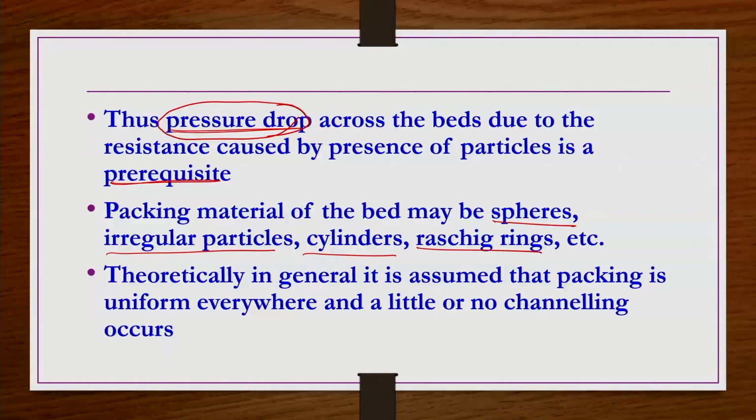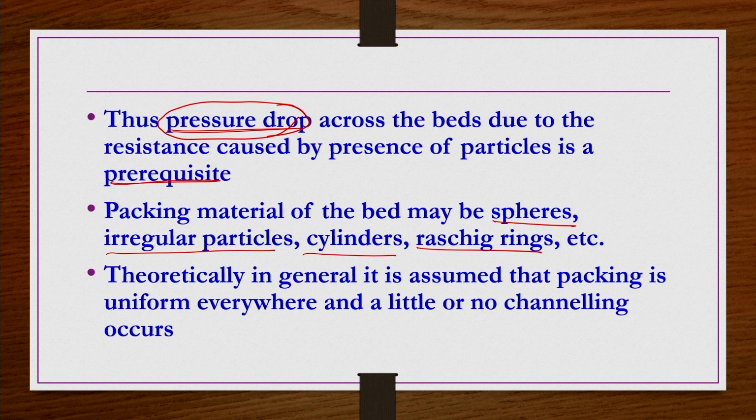So, in reality, when this bed is forming, if the particles are of uniform size and shape, then there is a possibility that a uniform packing is formed. But if you have particles of different sizes, though of the same shape, let us say spherical particles of 1 mm, 2 mm, and 5 mm, the packing is not going to be uniform in general.